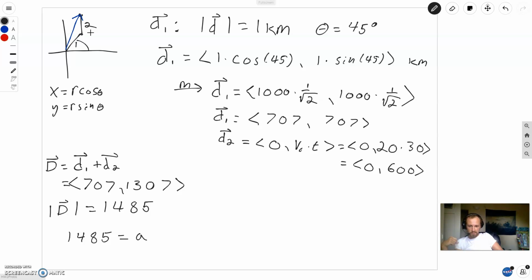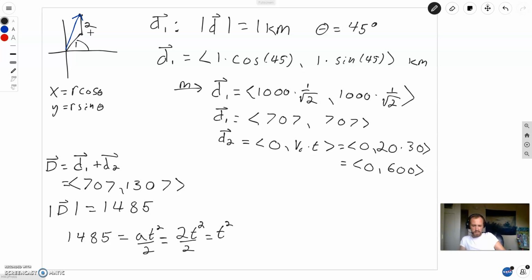So this will be a t squared over 2. And it says you are accelerating at 2 meters per second squared. So 2t squared over 2 equals t squared.